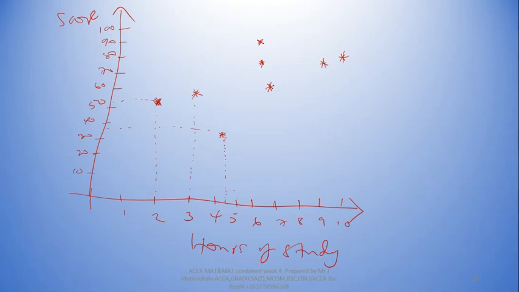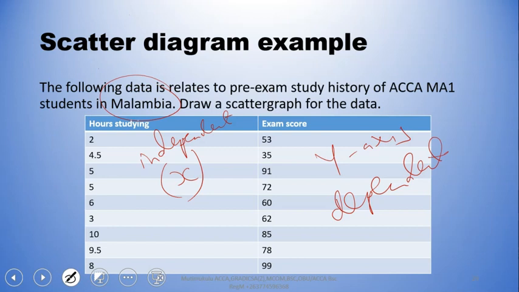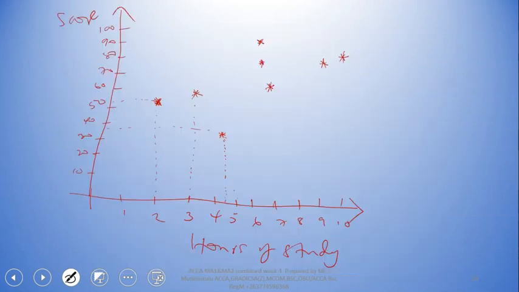Okay, and then 8 hours, 99. 8 hours 99 is the uppermost. Okay, so this is the information, ladies and gentlemen, which we have determined for our scatter.